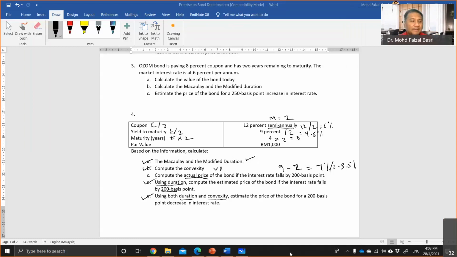And next, as I said in the group also, for your test I've mentioned we'll cover the topic of stock valuation and also bond valuation. The bond valuation will consist of everything up to what we learned today. And for stock valuation, just focus on the DDM model, which has 4 different models.